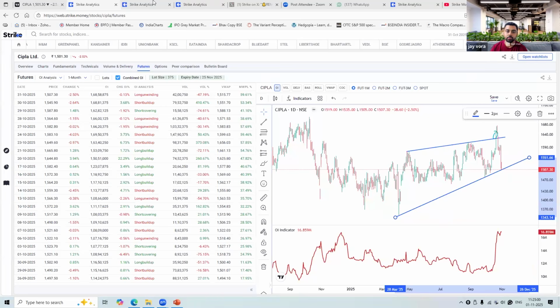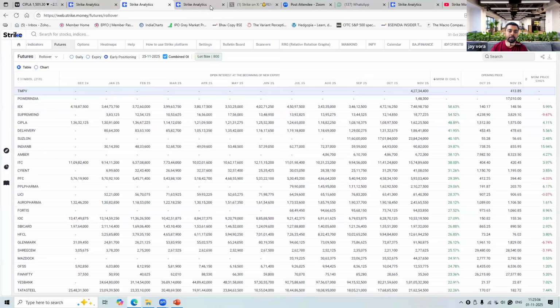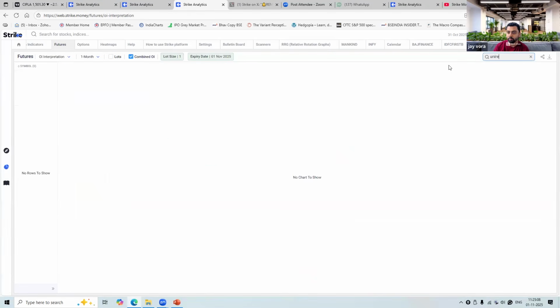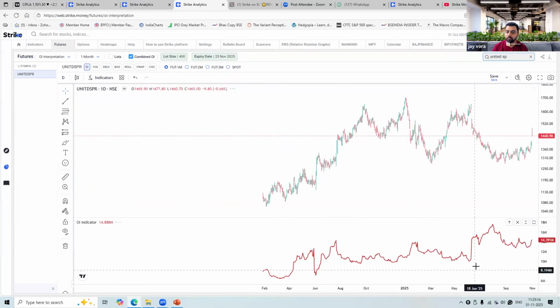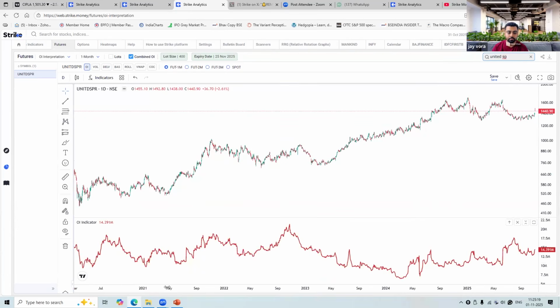Because if you see something like United Spirits, something like that happened for quite some time. The stock was literally dead. See, over here, the open interest was very, very low and the stock was dead as well.